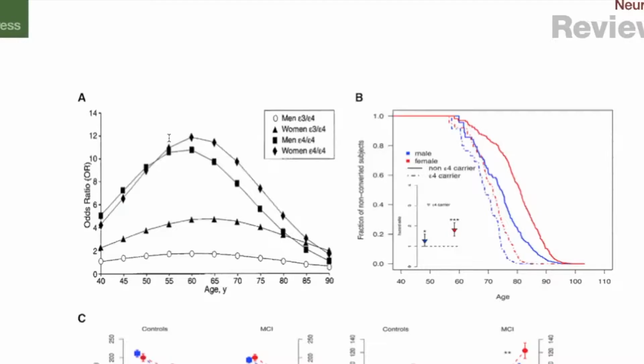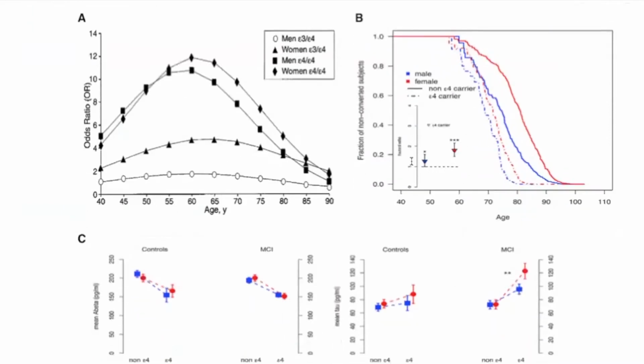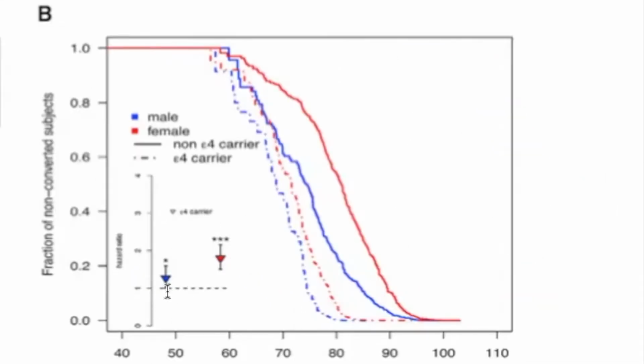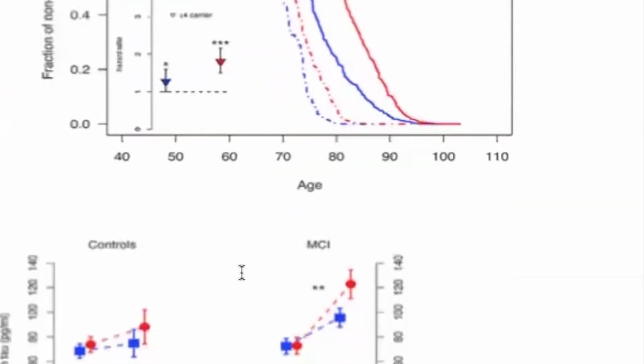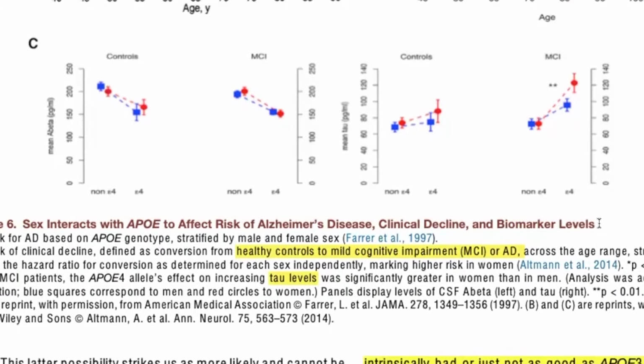Here you can see in these shapes the women, and the probability of having Alzheimer's disease is higher. You can also see in the odds ratio that females carrying the variation, compared to males, are more prone to have Alzheimer's disease.